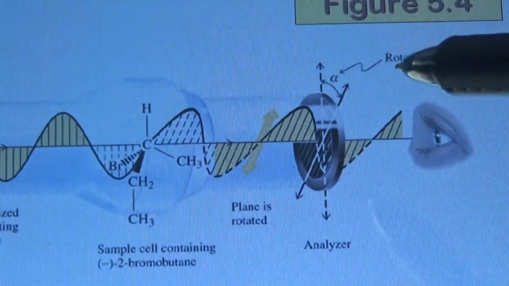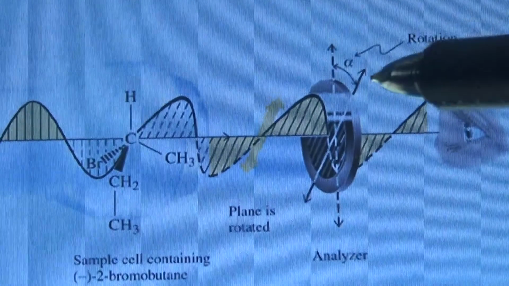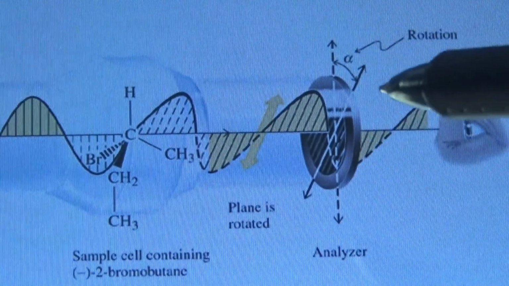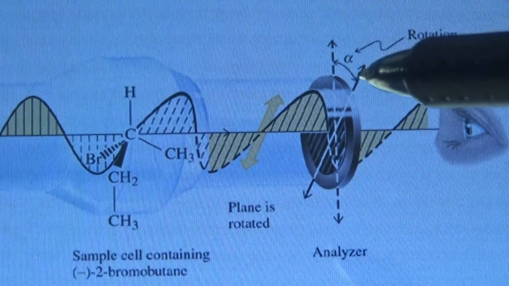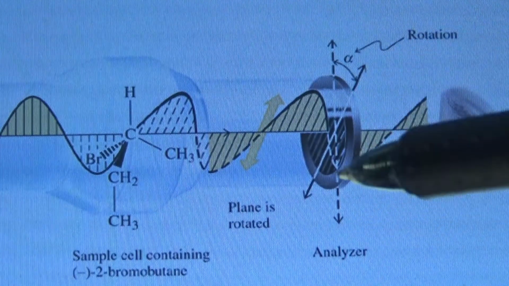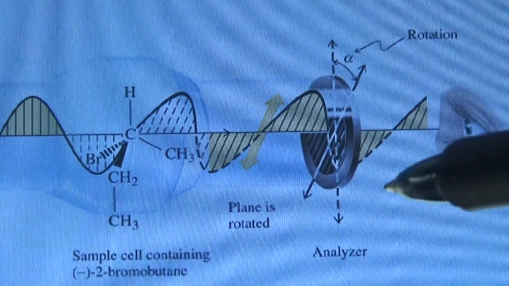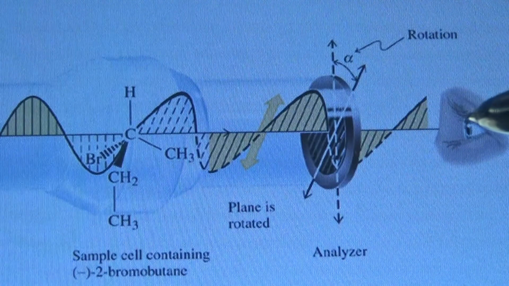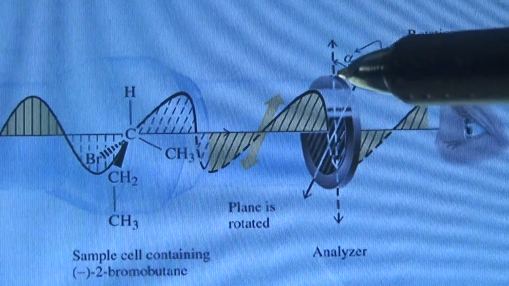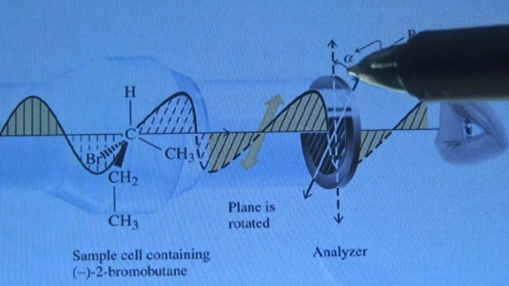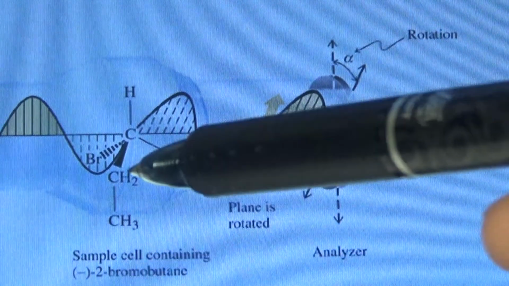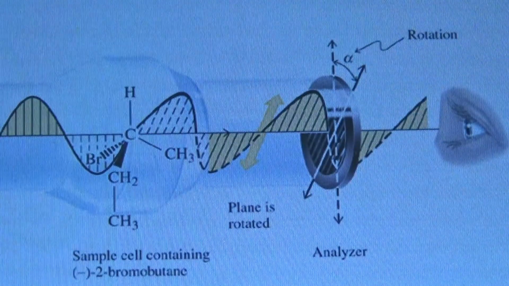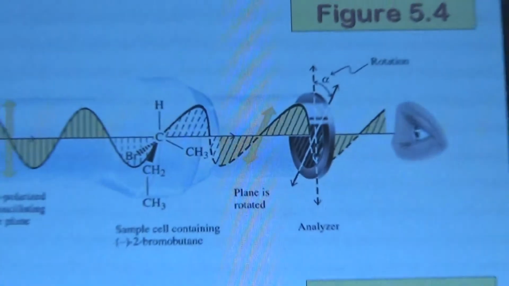That's the angle of rotation, so we've determined the amount of rotation, and then there's just a little formula we apply, and we get a number out. We just rotate the little lever that controls this. It's pretty cool. It's an easy way to measure the angle of rotation of a pure enantiomer, and the net behavior is called optical rotation.